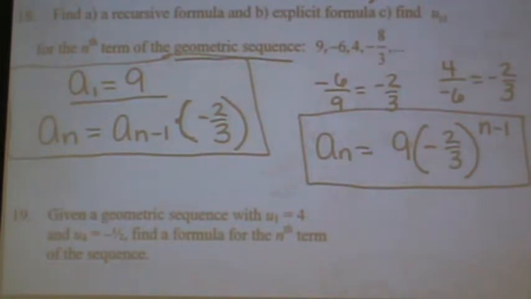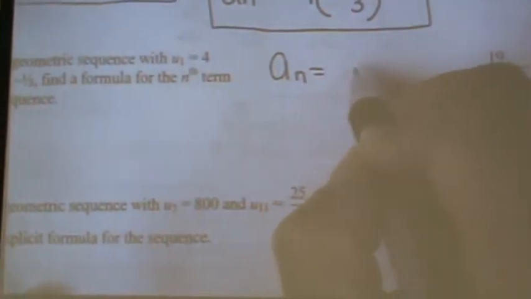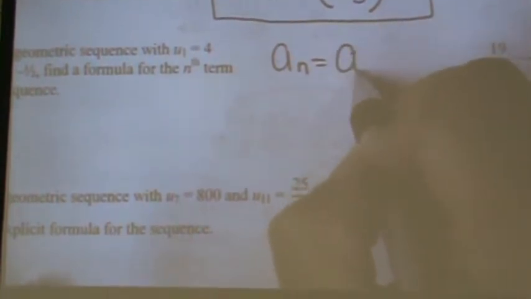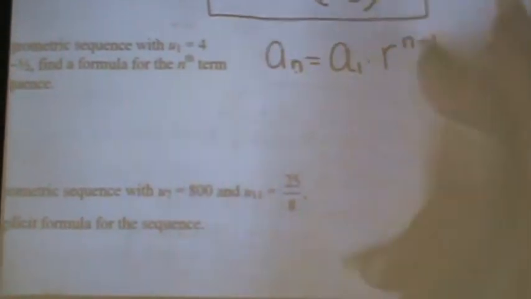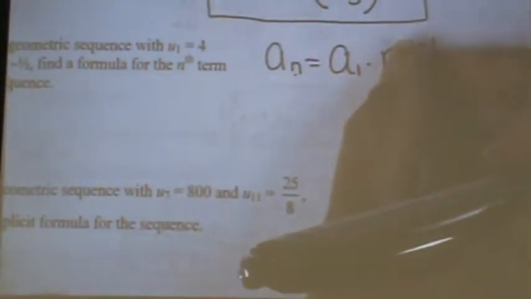Okay, number 19. I want to write this formula. You guys struggled with these next two. a sub n equals, we're talking geometric formulas here. Whatever these two subscripts are, if you subtract them, that's your n, your R power.